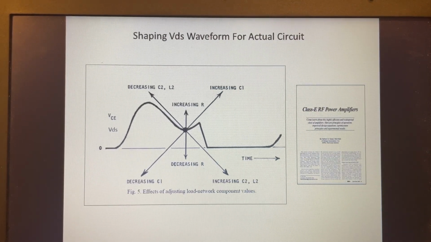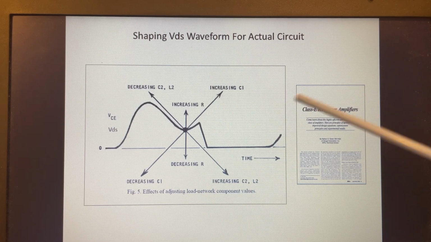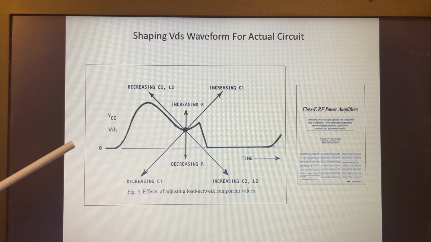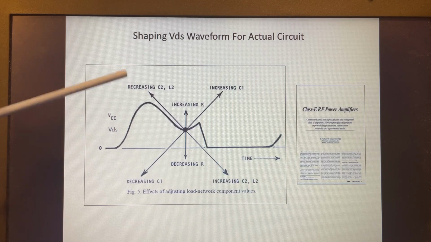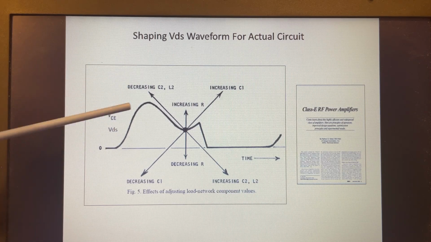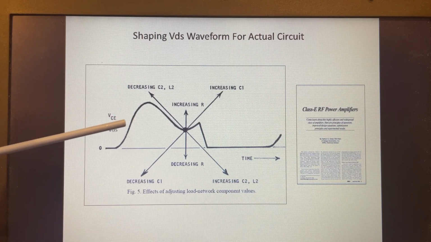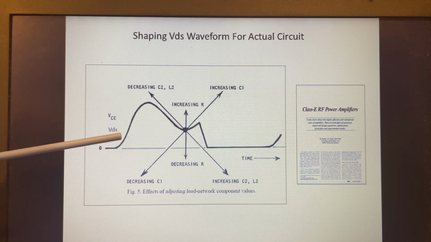I took the original calculated values from the software tool that we demonstrated, and in Nathan Sokal's paper titled Class E RF Amplifiers, he describes a procedure where you can optimize the circuit by varying the values of the load network, the values of the inductors and capacitors.